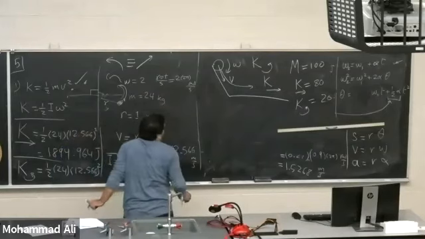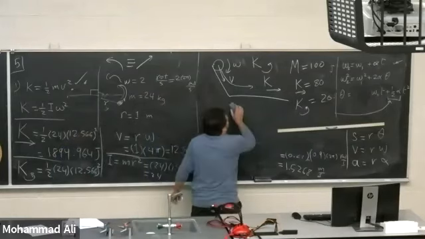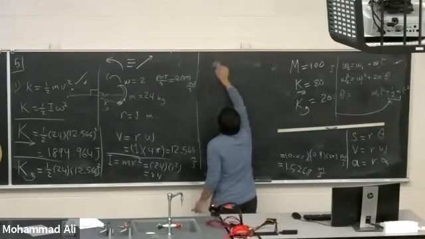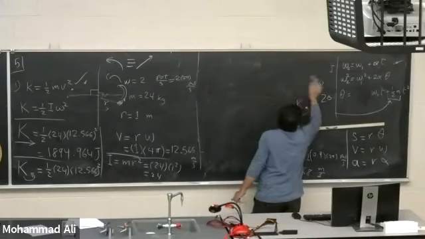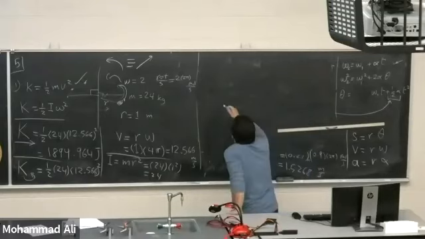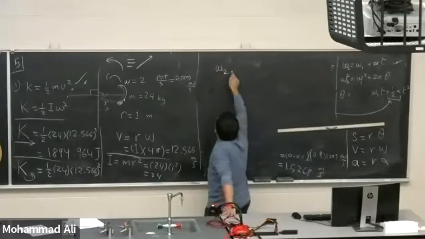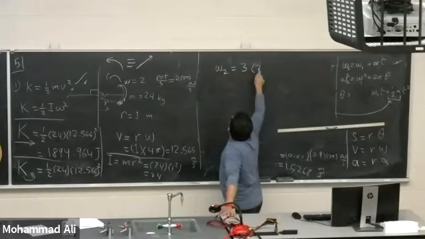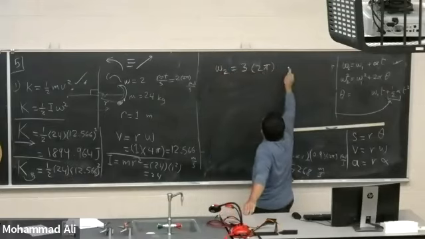Now, if the particle speed changed to be 3 rotations per second, so we have omega 2 equal to 3 rotations per second.